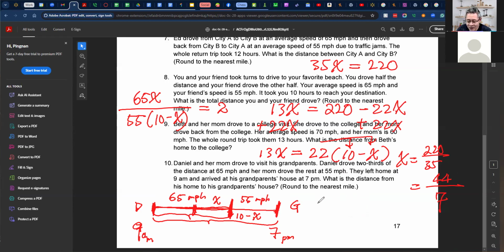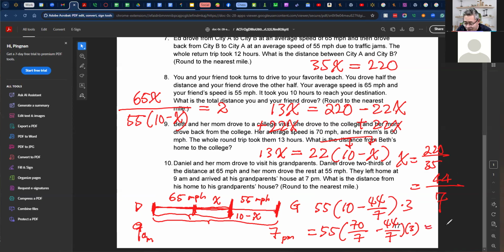So if we do that, we got 55 times (10 minus 44 over 7), and then we just multiply by 3 because his mom did 1/3. Okay, what we have is 55 times (70 over 7 minus 44 over 7) times 3.